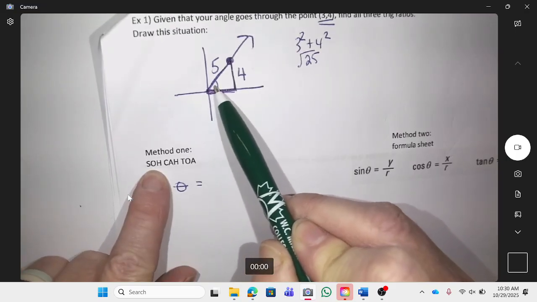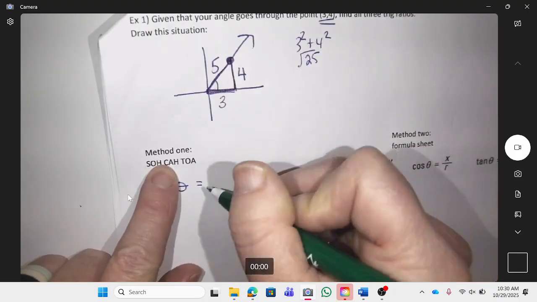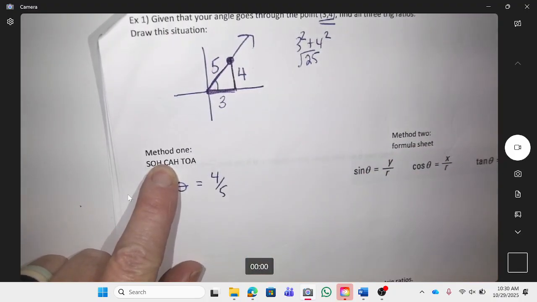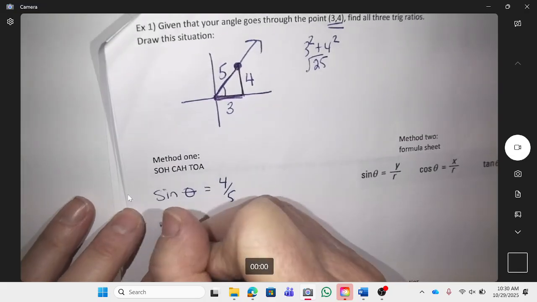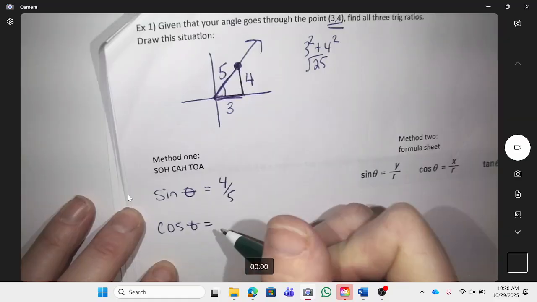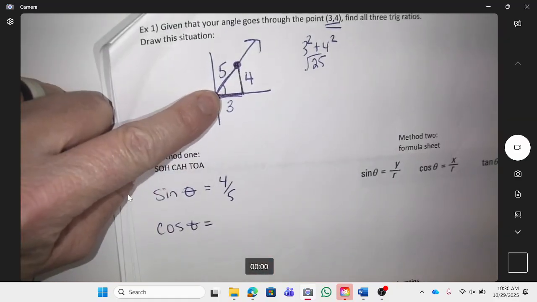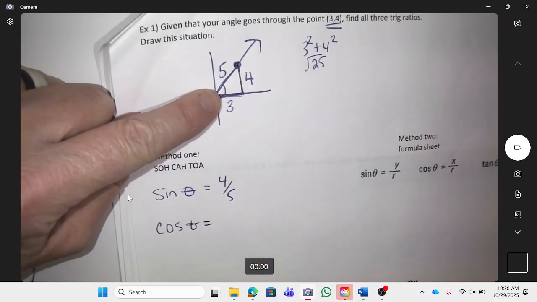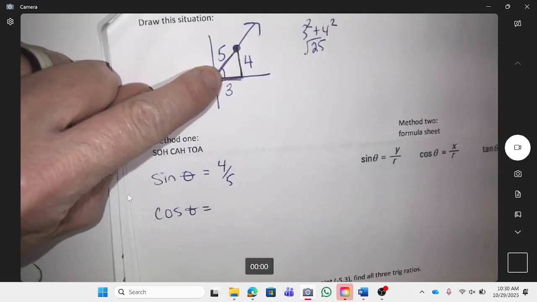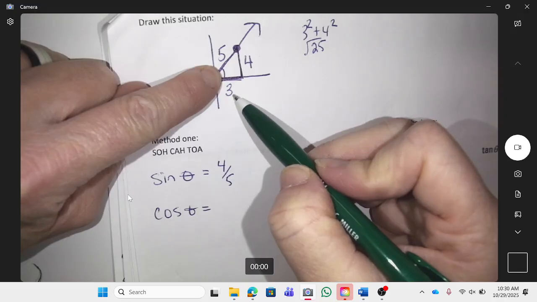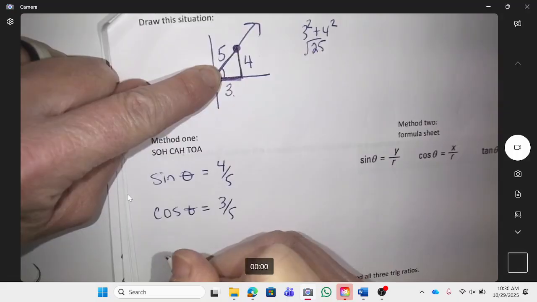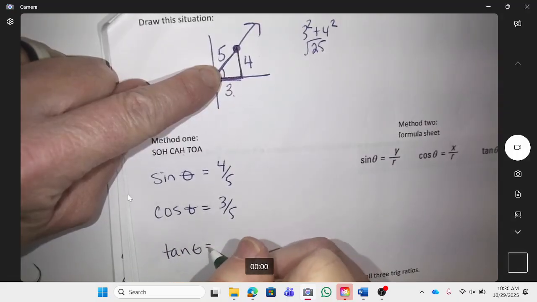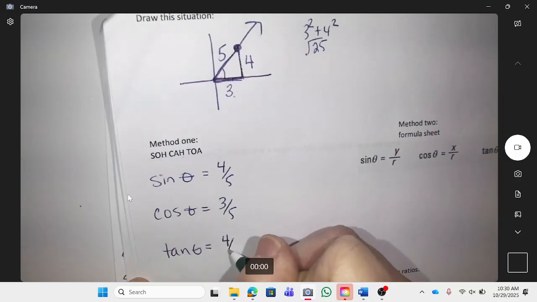And which side is the hypotenuse? 5. Does that sound familiar? SOHCAHTOA: opposite over hypotenuse. Cosine of an angle, so I'm always going from this spot, is the adjacent. Where is the adjacent to my angle? 3, and the hypotenuse 5. And TOA.